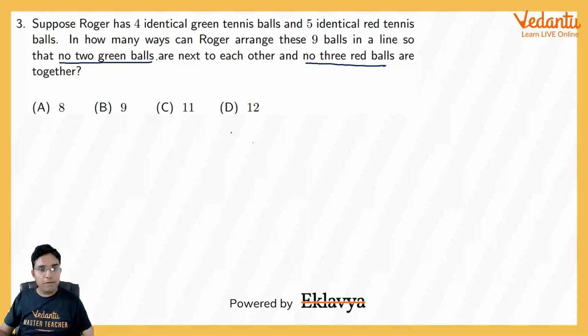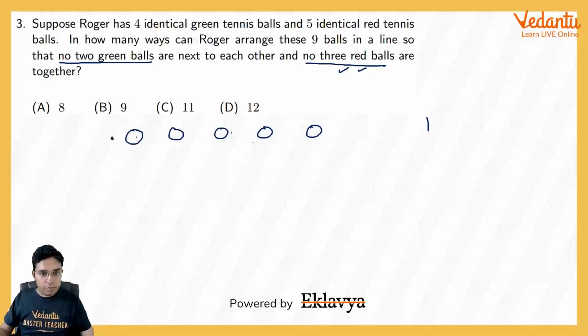First of all, I will make sure that no 2 green balls are together, ignoring the other condition for a moment. So first step would be that we arrange 5 identical red balls, and that will be done in just one way. Then the 4 identical green tennis balls are to be arranged so that no 2 green balls are next to each other.